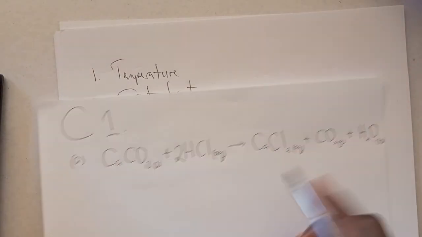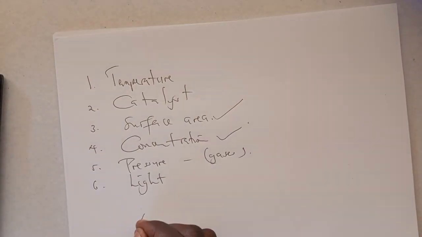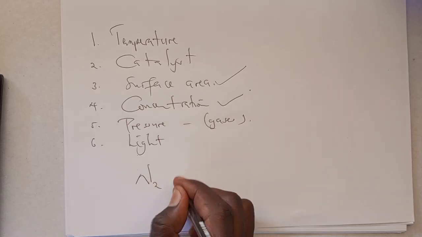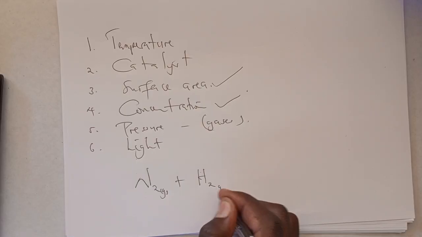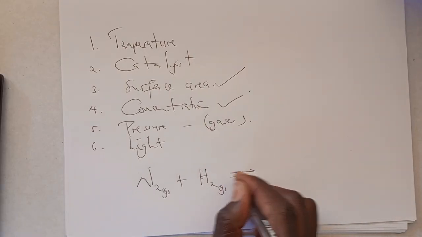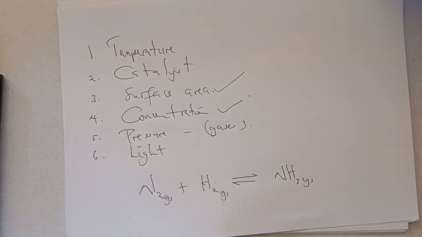Now, if you had a reaction of gases, such as, for example, you are reacting nitrogen gas plus hydrogen gas to produce ammonia gas, and then a question is asked to say, other than catalyst and temperature, which other factor can you consider for you to increase the rate of the chemical production of ammonia?